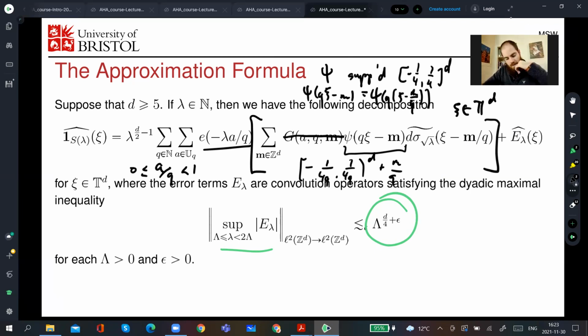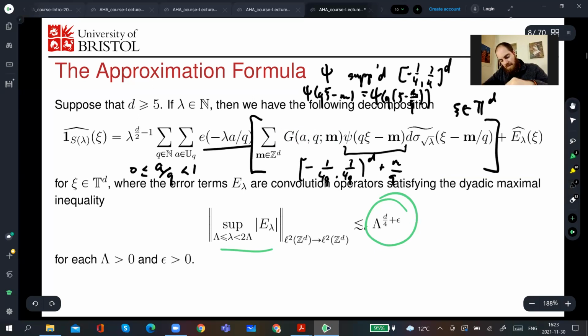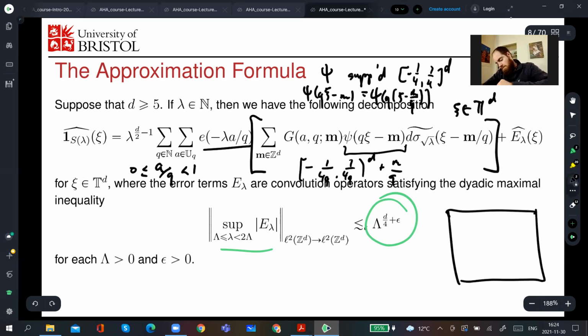All right. But these Gauss sums are doing something different as M varies. So the picture I typically have in mind here is I've got my torus. For each one of these A over Qs, the important thing for me for a moment is just Q. I chop this up into boxes of length 1 over Q. This is T^D.